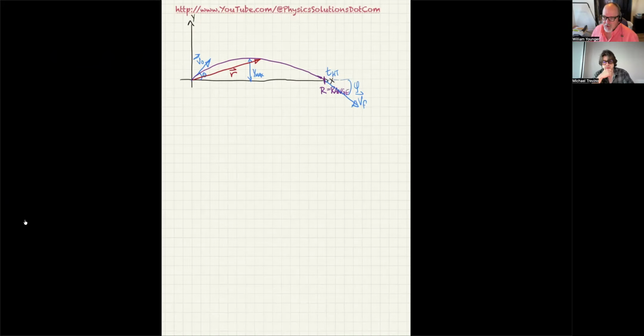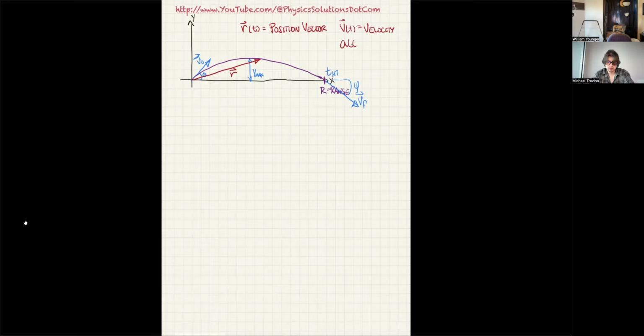So we say the position vector is r. So we'd say r of t equals the position vector. v of t is equal to the velocity, and a of t is equal to the acceleration.